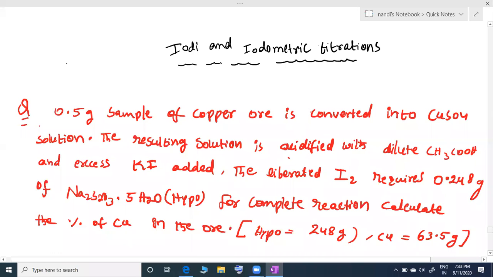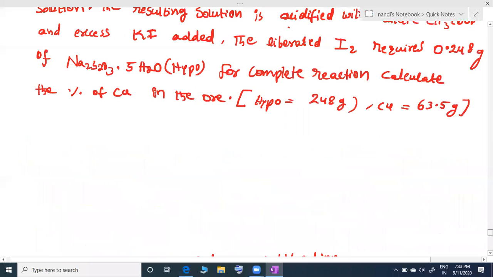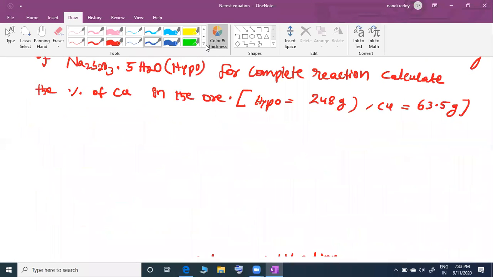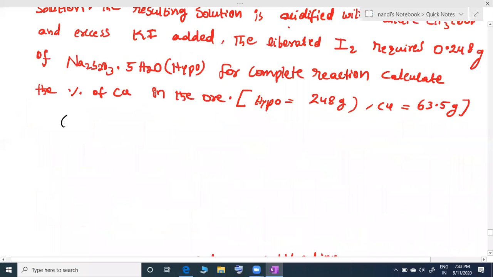See here, whatever they provided, we can use in a very simple way. Simple thing: gram equivalent number of copper sulfate reacting, you can write, equals gram equivalent number of, actually here they converted into copper sulfate. Is it correct? Copper ore.